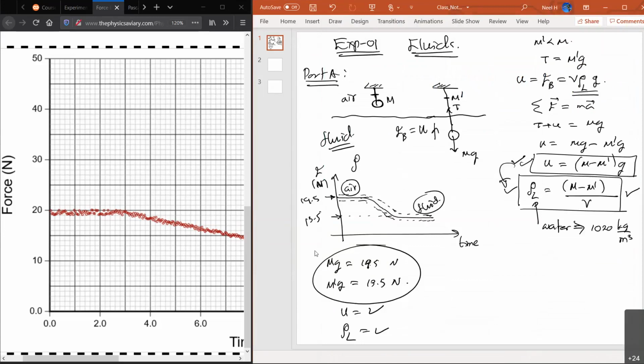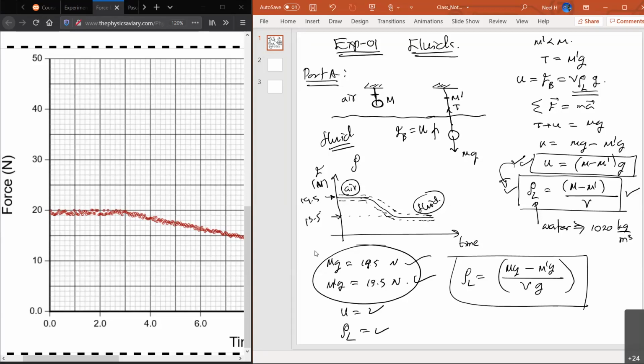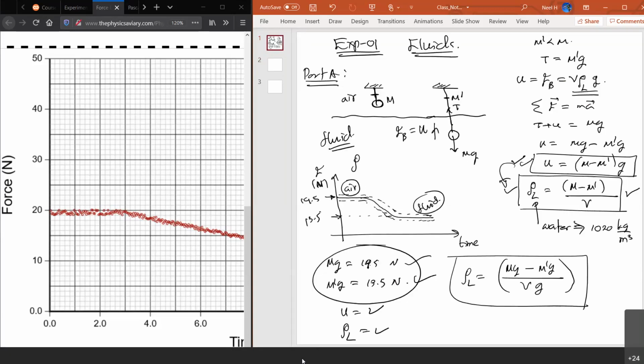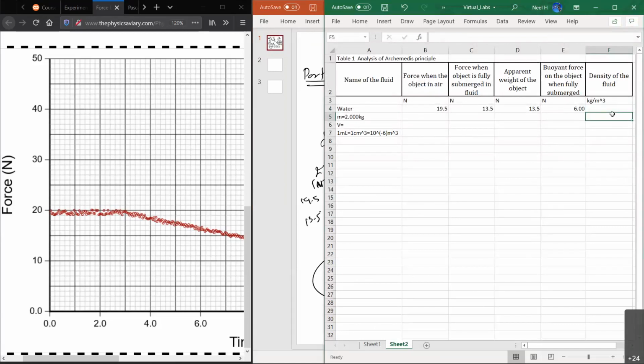You can do it this way also: rho of L equals force of gravity, that is mg when it is outside, minus m prime g, divided by V times g. That is also correct. Since we have all of these numbers directly, we can use this. But when you're dividing, you have to divide by gravity. So let's do that. Right here, I need an equal sign.